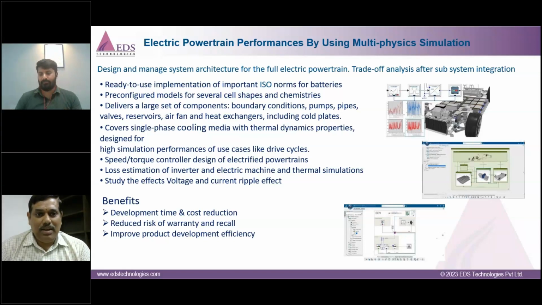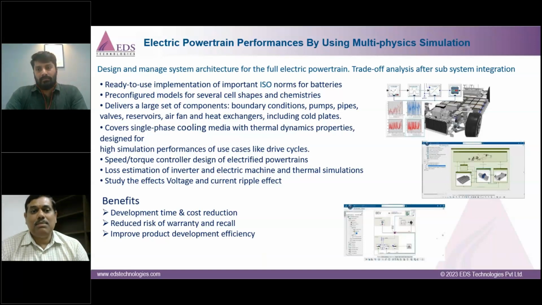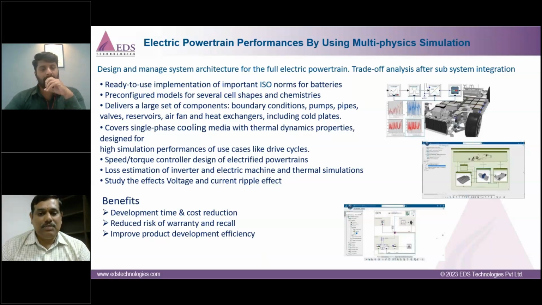Now I'll be taking over on electric powertrain performance by using multi-physics simulations. Typically, we make use of a systems engineering approach here using CATIA systems. Here, we follow a certain process in terms of the RFLP approach, which is requirement analysis, functional definition, followed by logical circuit definition, and then the physical modeling.